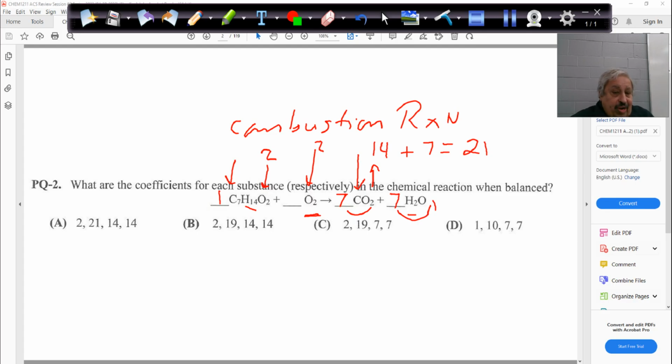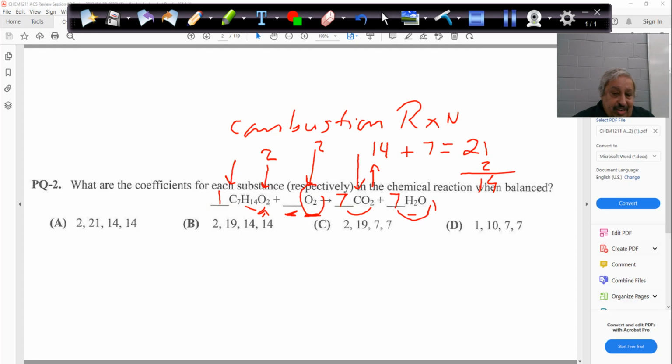Now since this is 1, I will keep this one as is. I'm not changing this number, but I can change this number here, the ratio, the coefficient, correct? So if I have 2 here, how much will be left? 19, correct? Everybody agrees? 19 and 2 will be 21.